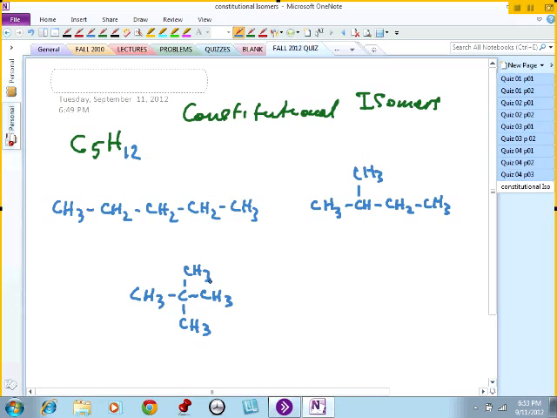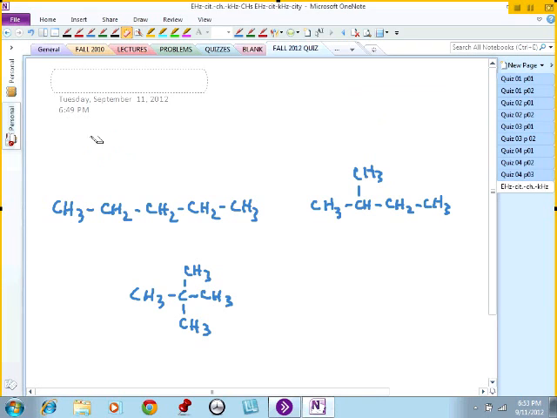I also want to use this to introduce two other concepts. Can I erase this? Yes. And that is the different types of carbon and different types of hydrogen in organic compounds.